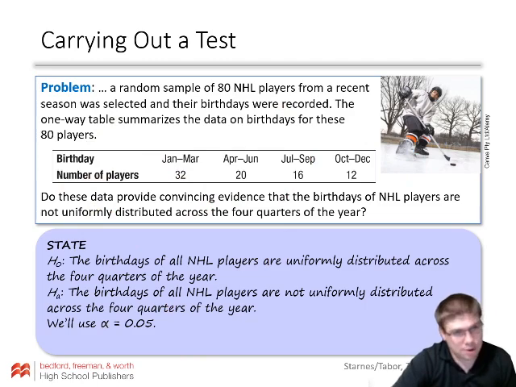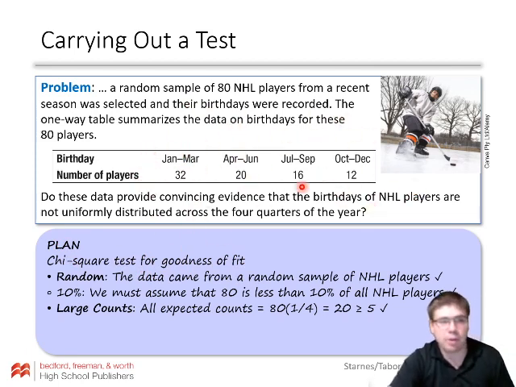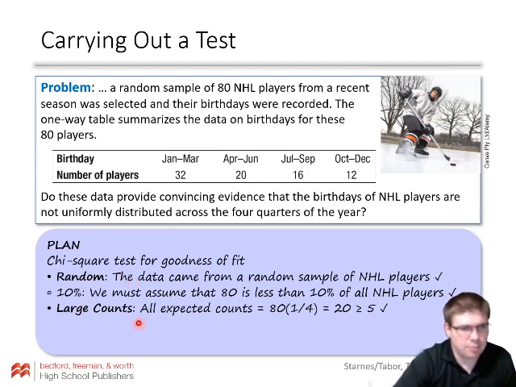So our plan, we will call this a chi-square test for goodness of fit. Does it fit the anticipated distribution of 1/4 in each category, uniform? Or we might have some other percentages like the M&M example. Then we need to check our conditions: random, 10%, large counts. The data come from a random sample of NHL players, check.